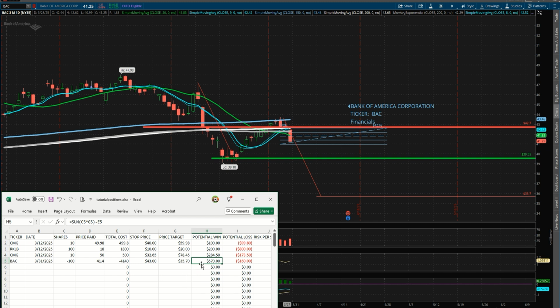Now we're looking at 570 to 160 that we're risking. So now the trade looks a lot better, because we're risking $160 to make $570. That's not a bad trade.